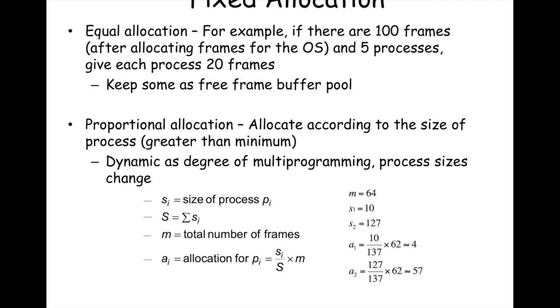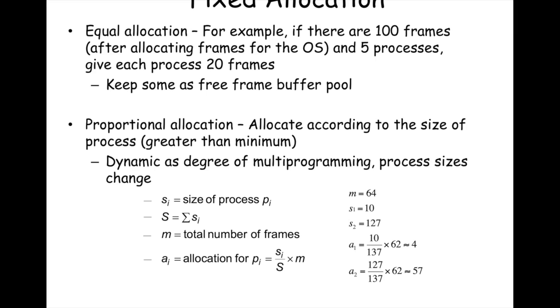And so for fixed allocation, you have an equal allocation. It's very simplistic, an equal allocation of frames to processes. Suppose you have a total system memory comprised of 100 frames after you have allocated frames to the operating system. So the operating system is first in line. And then let's say out of these 100, you have 5 processes.